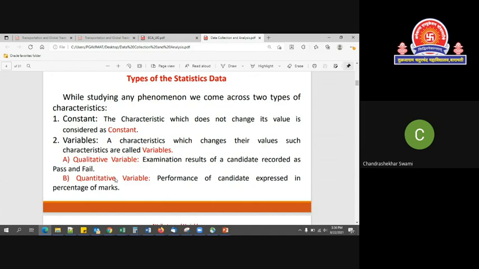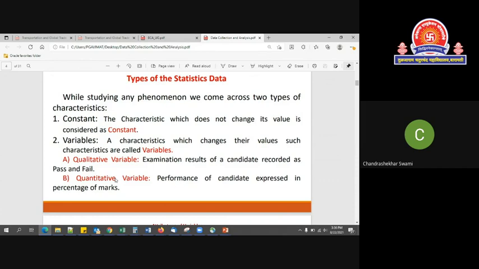And the variables which are categorized or grouped by using some quality of that phenomenon are called qualitative variables.